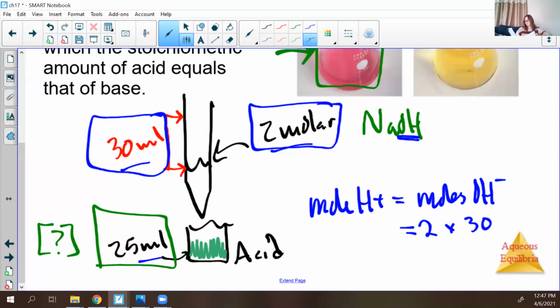If I keep them both the same, it won't matter, because then the answer will just tell me the milliliters to add. If I did it the other way, it'd tell me the liters, which is fine either way. All right, so I have 2 times 30 equals 25 times something I don't know.